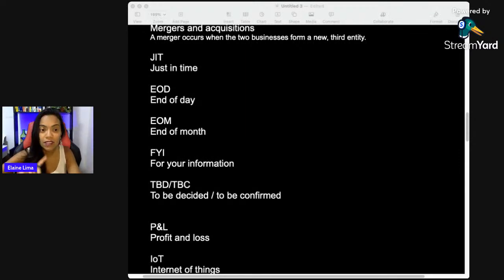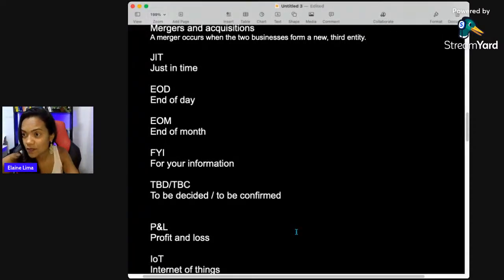Then we have IoT, which is Internet of Things. In Portuguese, Internet das Coisas. So now let me get the next slide for you. So we covered JIT, EOD, EOM, FYI, TBD or TBC, P&L, and IoT.